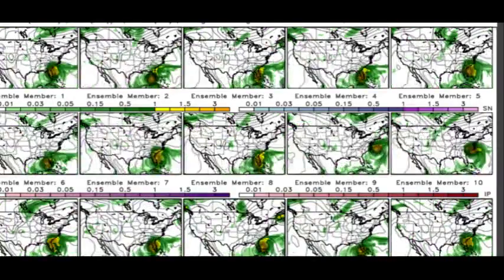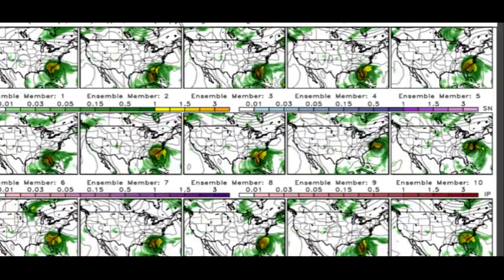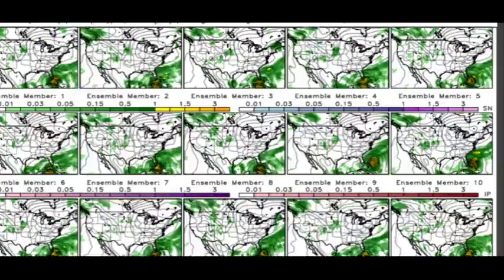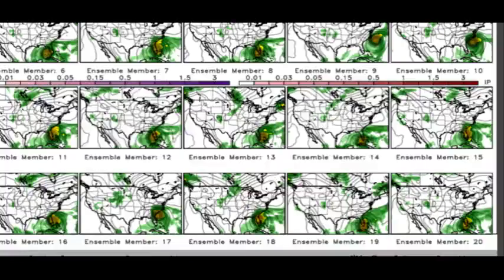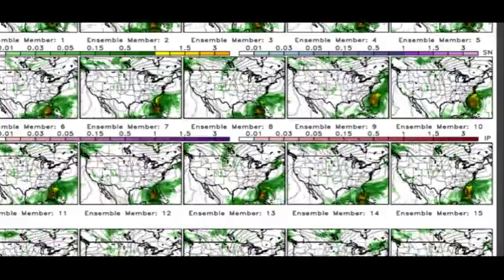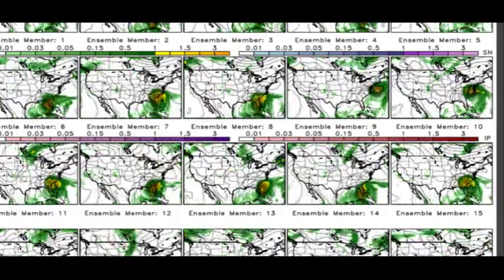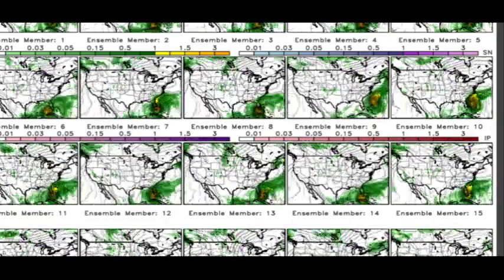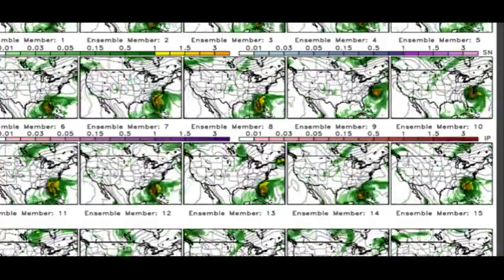And then just taking a quick look at all the other models on the second line. West Coast, East Coast, Central, far out to sea, far out to sea. East Coast, West Coast, East Coast, West Coast, Central Florida, East Coast, East Coast, Central, Central, Central.